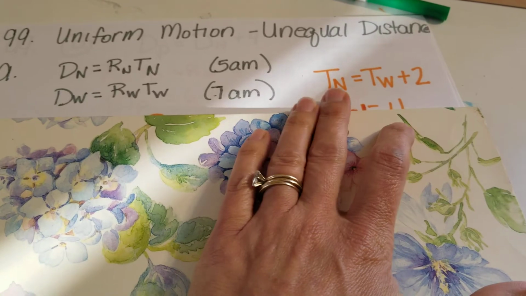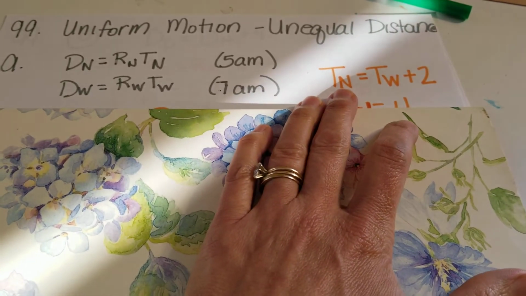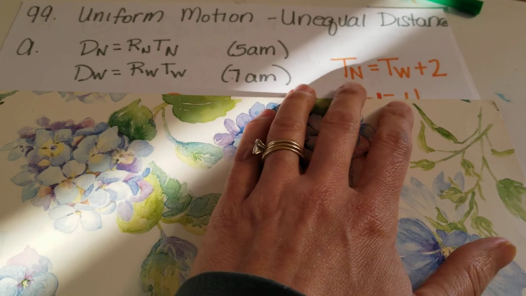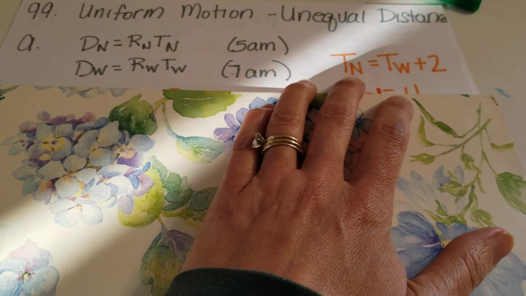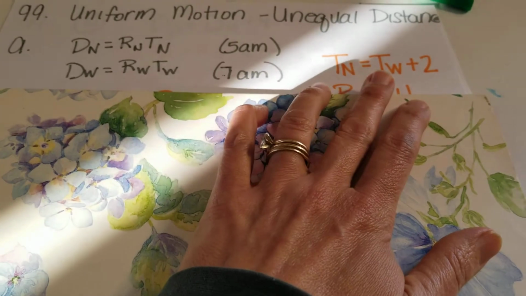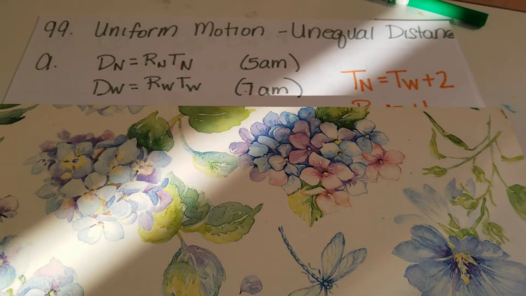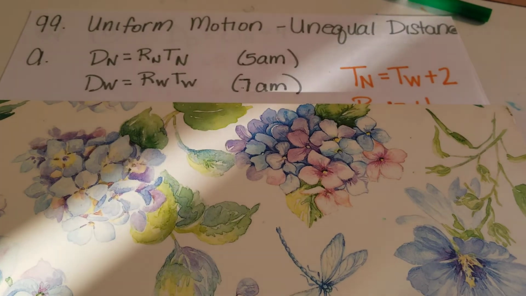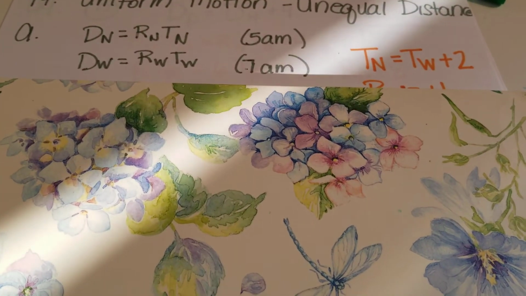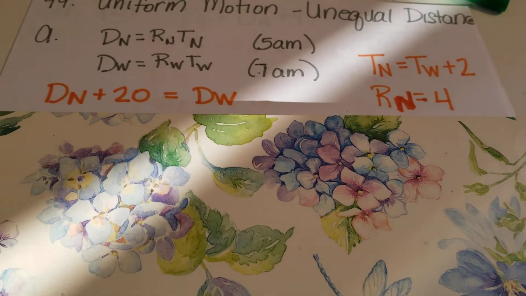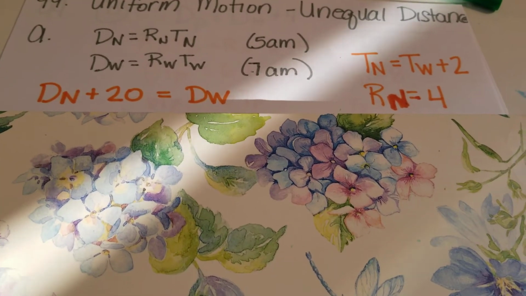I also wrote that the time of Napoleon is equal to the time of Wellington plus 2. Remember, Napoleon started at 5. Wellington started at 7. So Napoleon is riding 2 more hours than Wellington. So I wrote that up. Oh, it says the rate of Napoleon was 4 kilometers per hour.